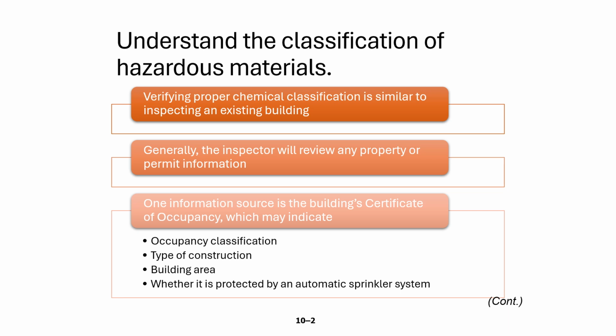So we might be able to identify the occupancy classification, the type of construction, the materials and the assemblies for how the building was put together, the overall building area, and whether it's properly protected, like a sprinkler system or detection, and is what is there today the same as what it was when it was originally issued.